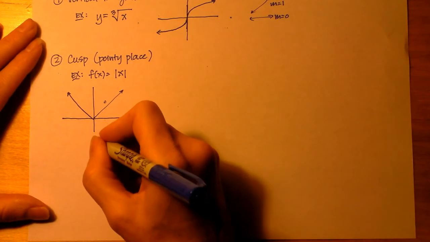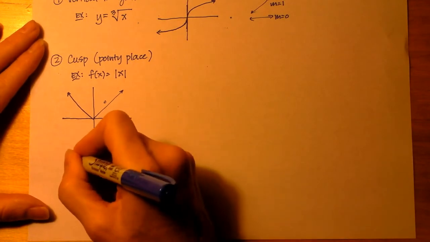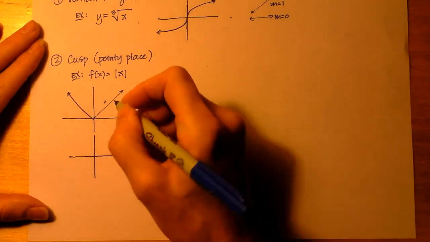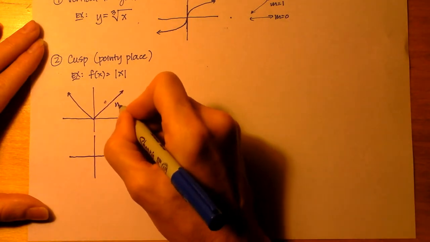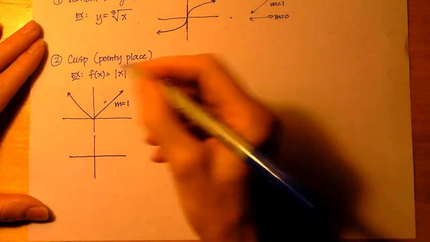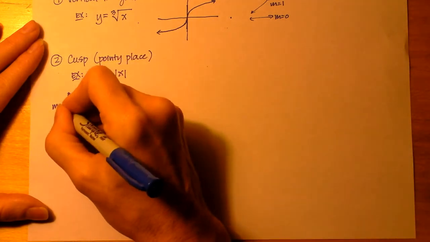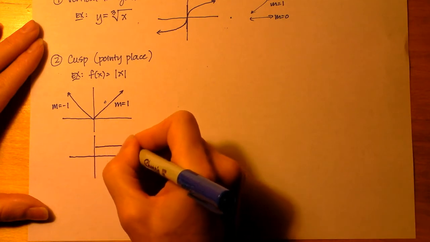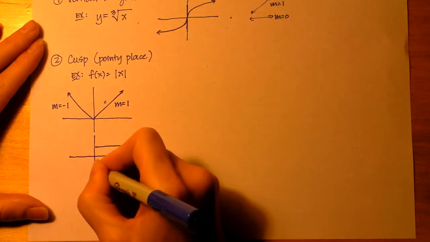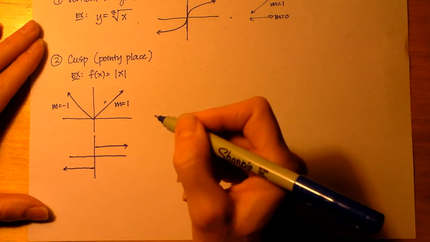If you graph this correctly, the slope everywhere to the right of the y-axis is constant at 1, and the slope everywhere over here is equal to -1. So constant at 1 looks like this, and constant at -1 looks like this.